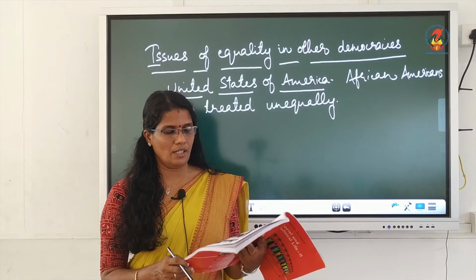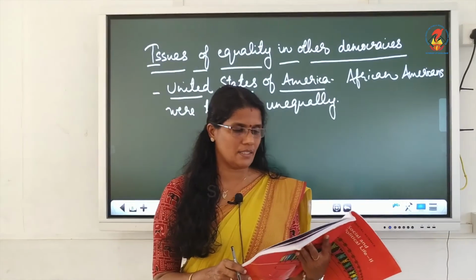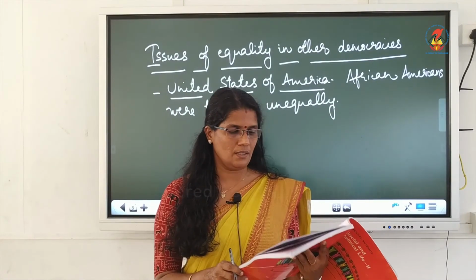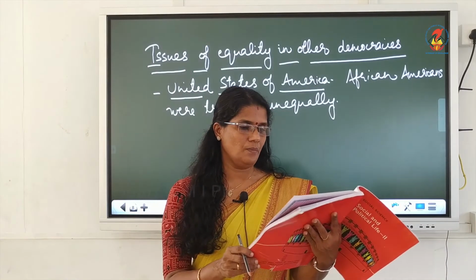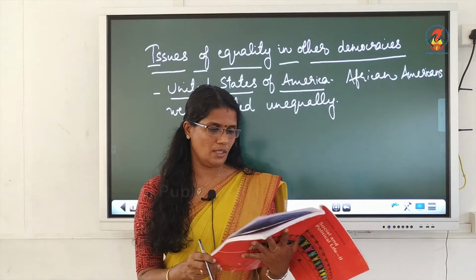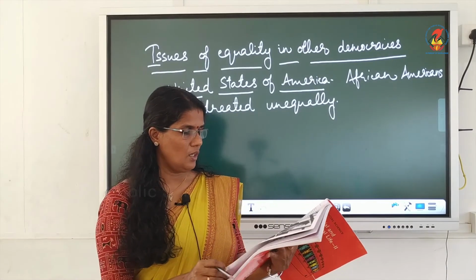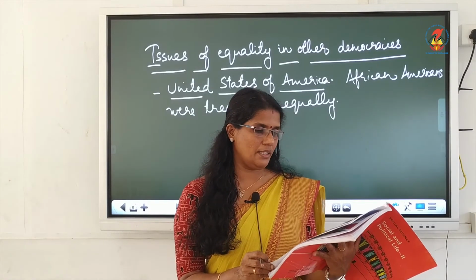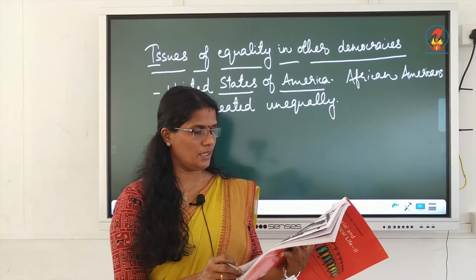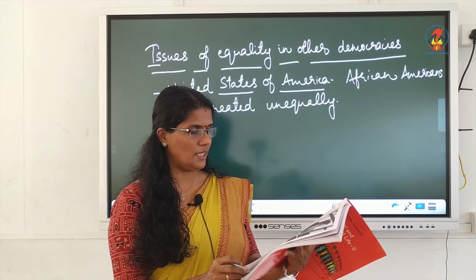Underline, the Civil Rights Act of 1964 prohibited discrimination on the basis of race, religion, or national origin. Underline. It also stated that all schools would be open to African American children and that they would no longer have to attend separate schools specially set up for them.